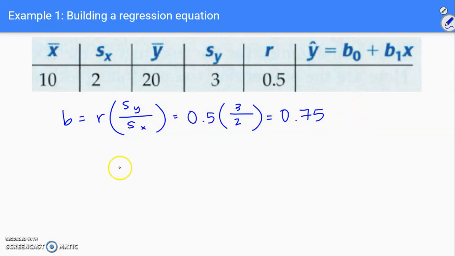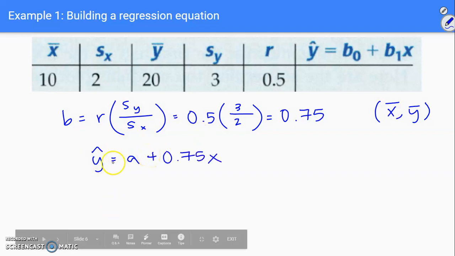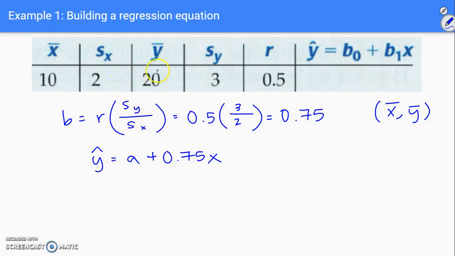Now in terms of actually getting our equation, now that we know the slope, we can use the fact that we know this line is going to go through the point x bar, y bar. So we can use that to come up with the y-intercept. If I know that my equation is going to be y, or predicted y, equals a plus bx, and I now know that b is 0.75, I can use a point that I have on the graph.